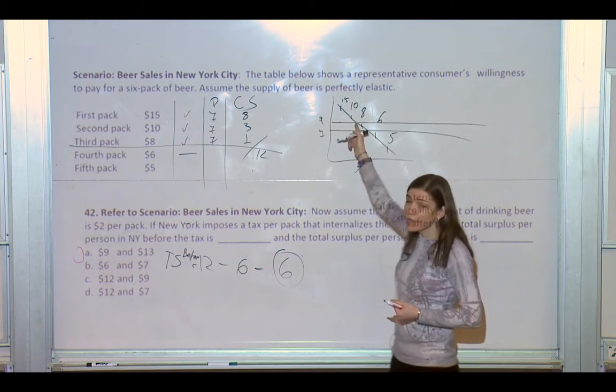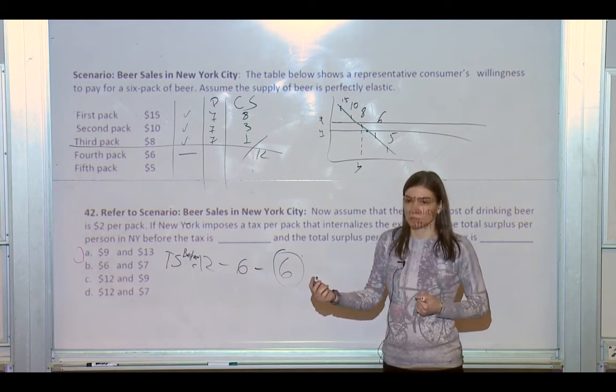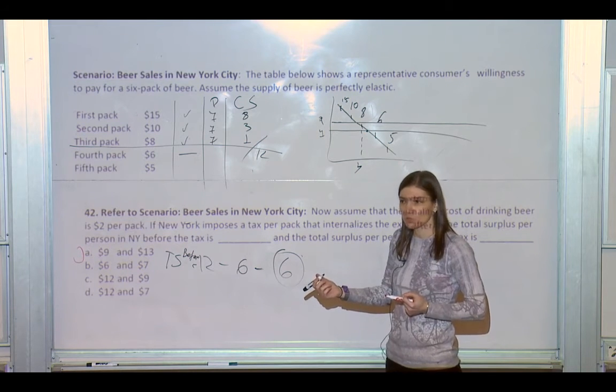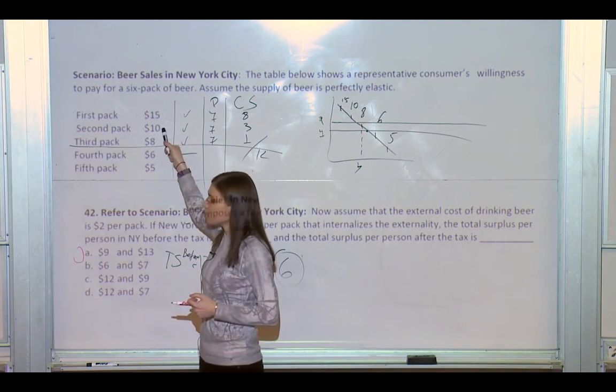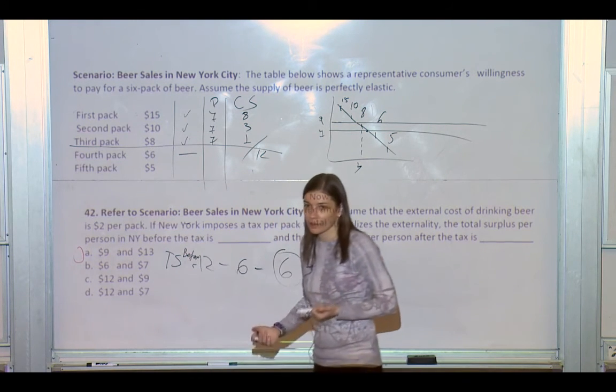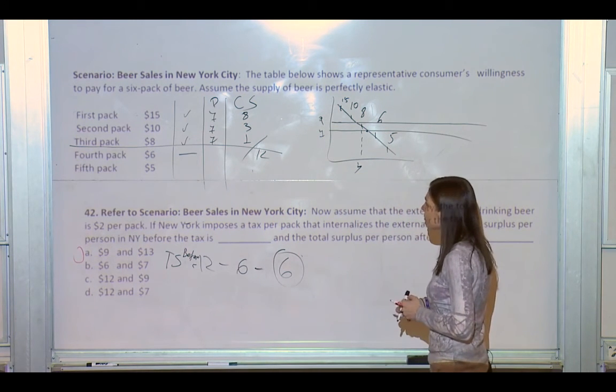Right? At 9, how many packs do I buy? 2, right? Only this guy and this guy are going to buy anything. The third pack is no longer economically viable, so I'm not going to buy that one.